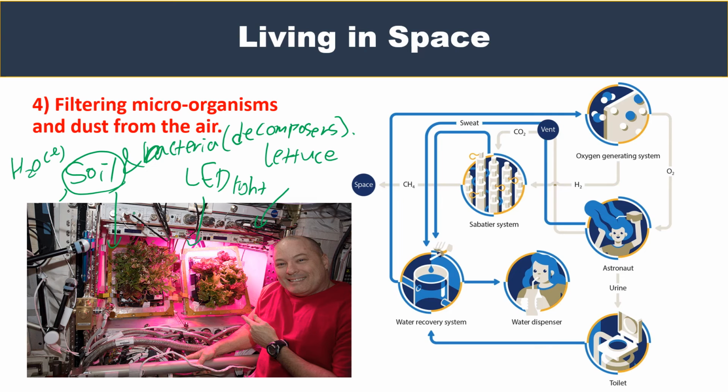Unnecessary microorganisms and dust are filtered and go out into space, but nowadays these microorganisms can also be recycled for sustaining life. A very similar process was used in the movie The Martian by the main character to make potatoes.